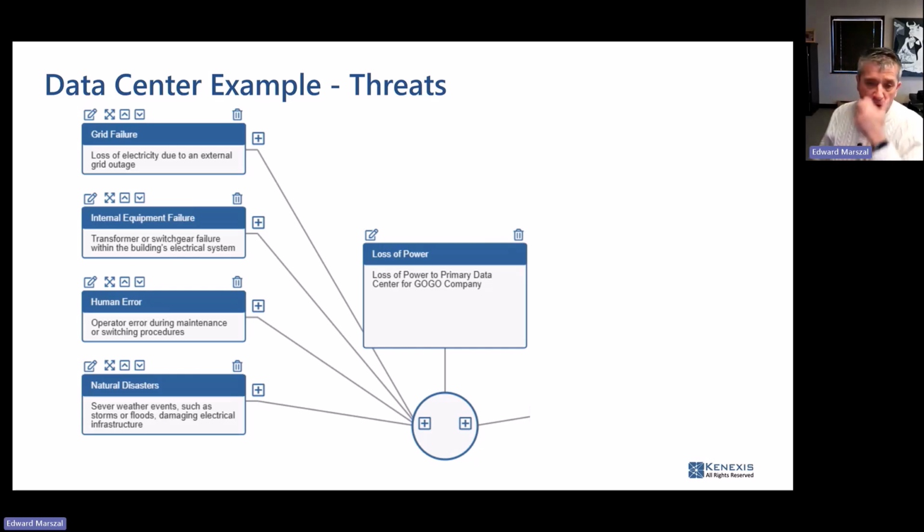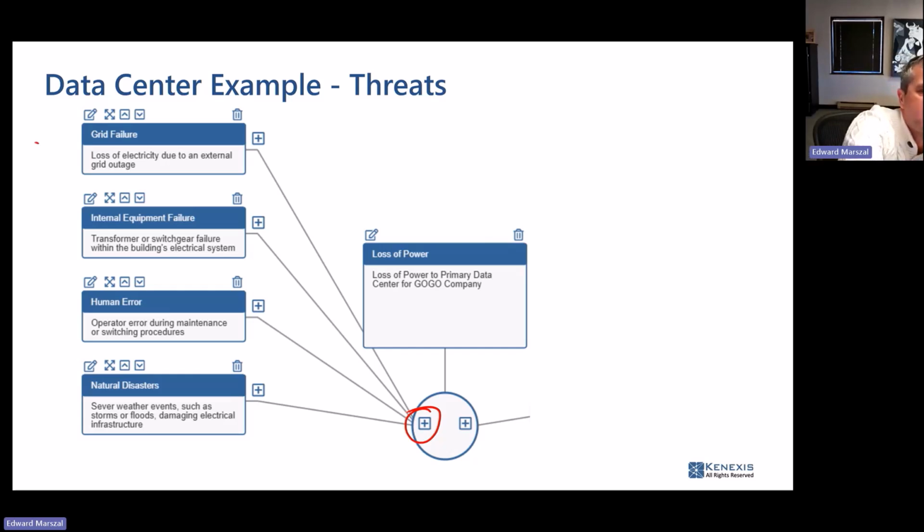After you determine what the top event is, you're going to ask yourself, what are all of the threats? What are all of the things that are going to be capable of causing a data center power supply failure? So if I want to add a new threat, I simply click on the plus button.